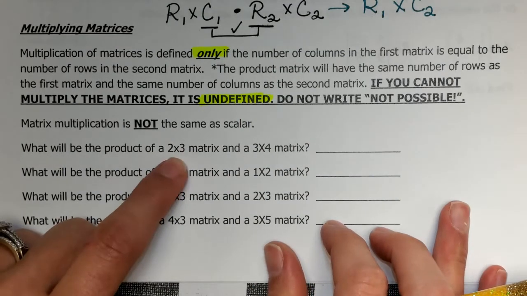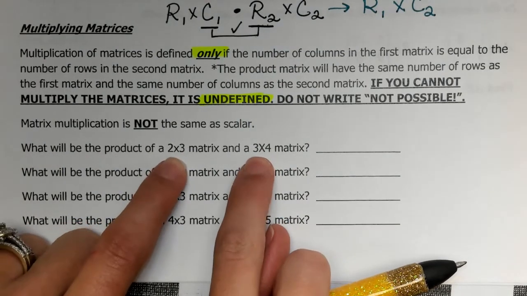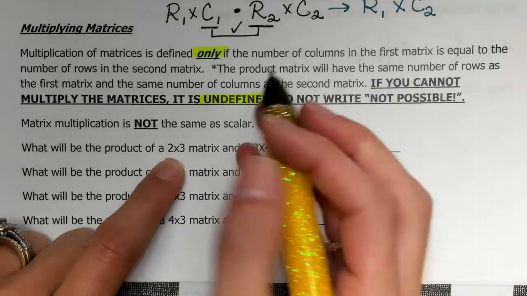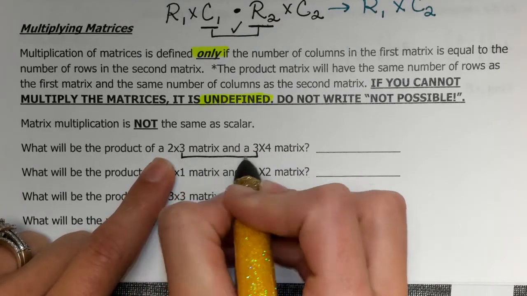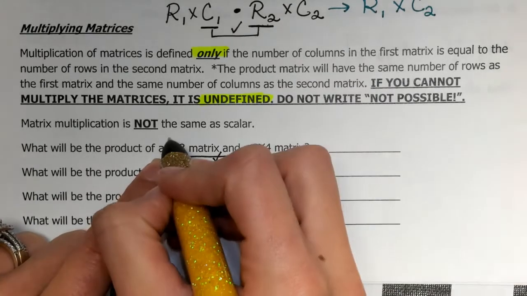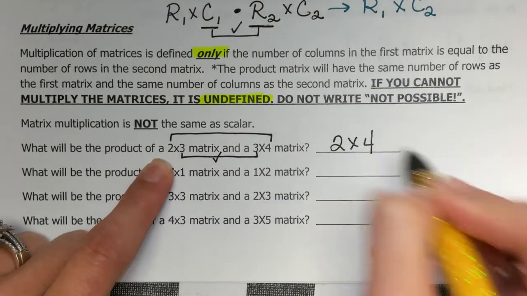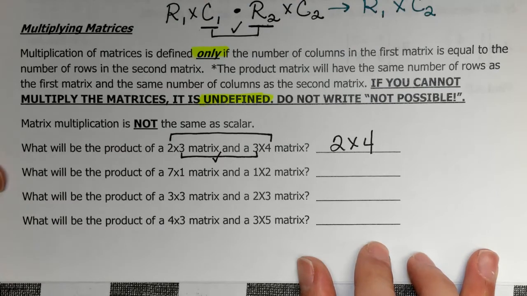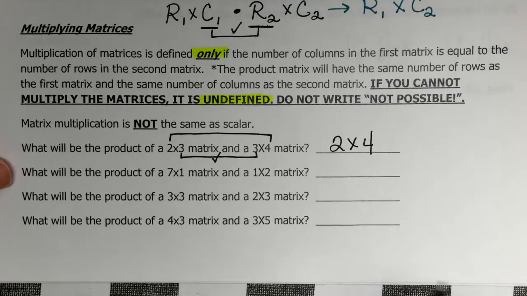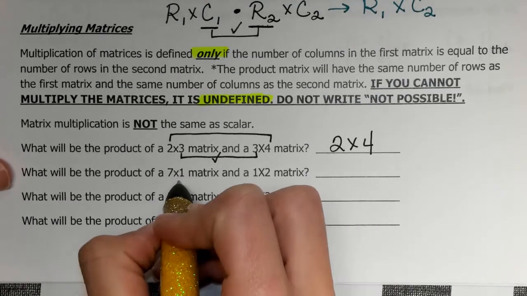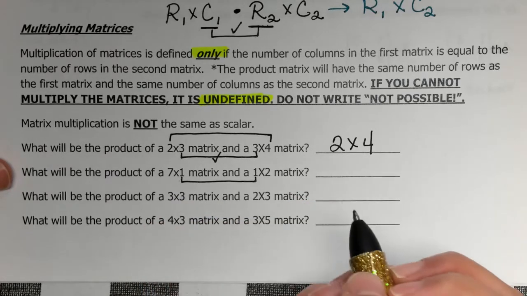So if I take a 2 by 3 and a 3 by 4, can I multiply that? Yes, because my 3 and my 3 on the inside is good. So that's going to give me a 2 by 4 matrix. If I do a 7 by 1 and a 1 by 2, can I multiply that?